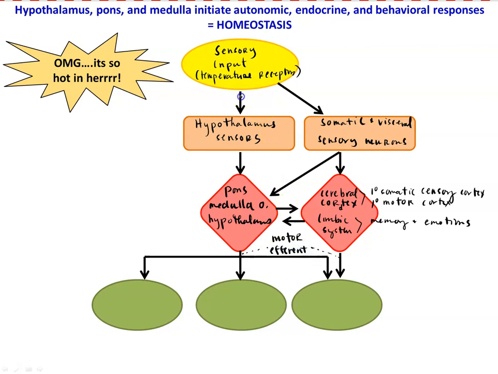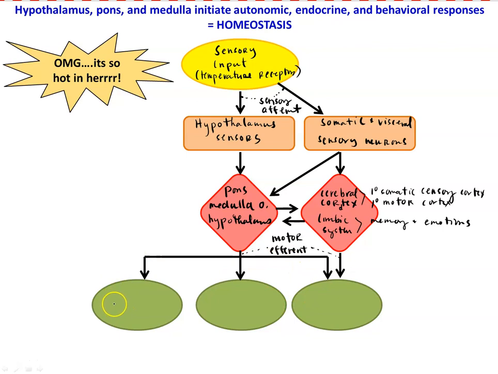What are these then? Sensory, afferent. Coming in, we're in the CNS. We integrate. Based on all of the information that's being integrated, we're going to do something about it and send the signal out.